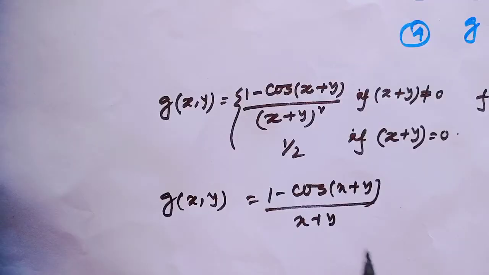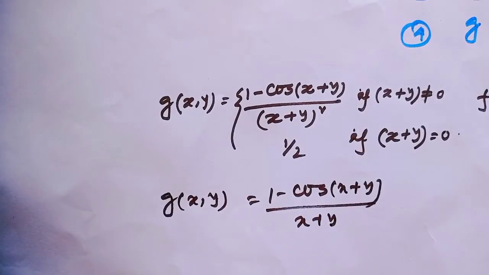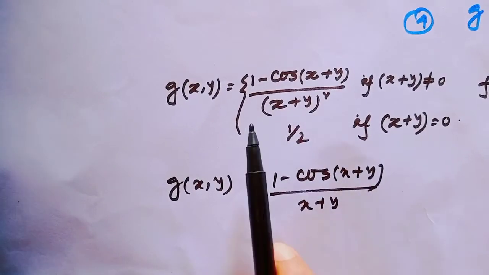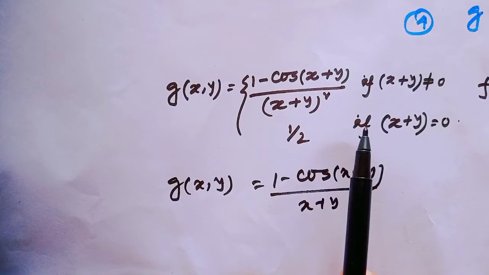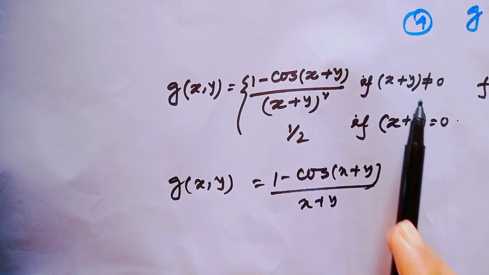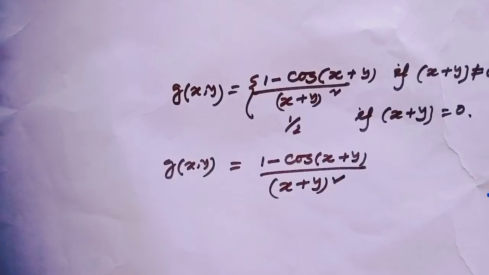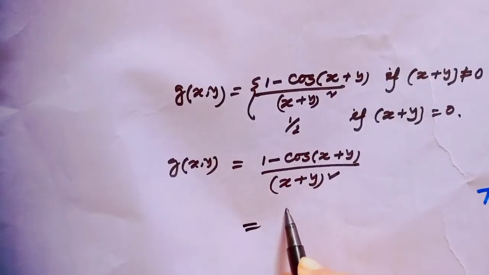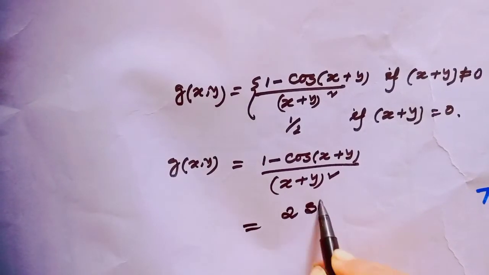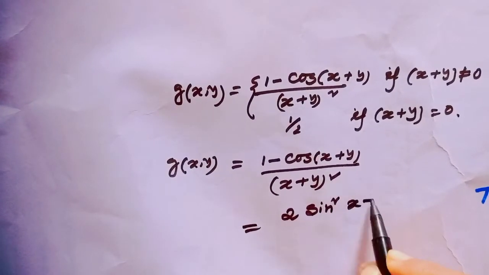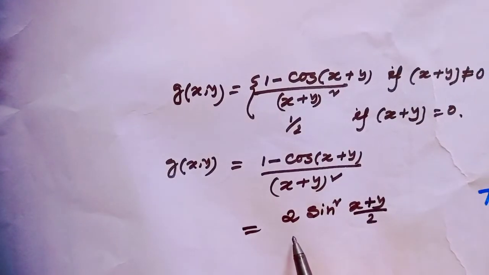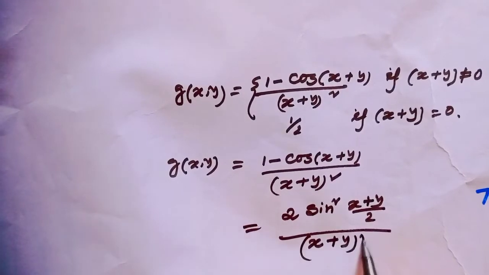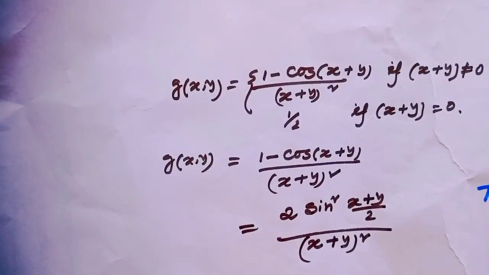And the other function is g(x,y). It is again a quotient of two continuous functions, so this function is always continuous; it can only break at the point where x plus y equals 0. Now we have to find the continuity at that point. At first simplify. We can write it as 2 sin square of (x plus y over 2) over (x plus y) whole square.